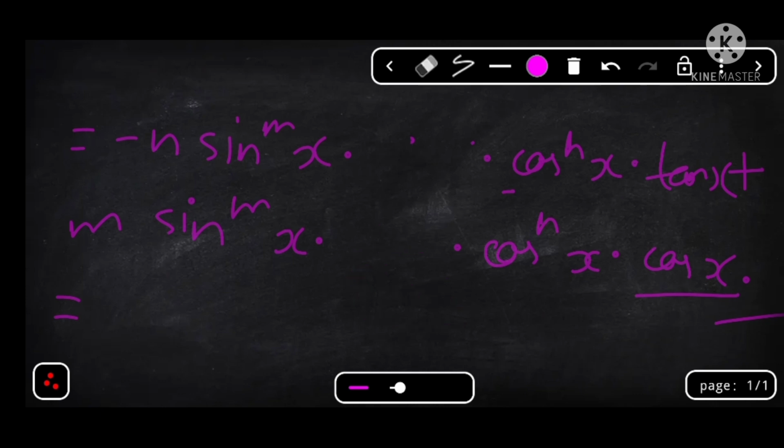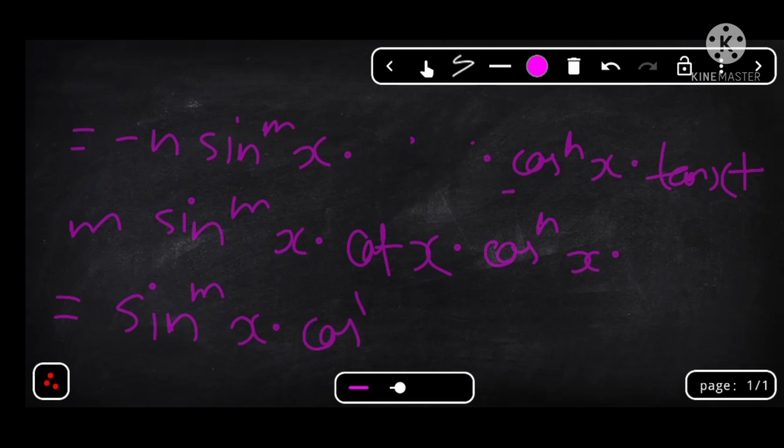So just replace this with cot x. From these two we can take sin raised to mx into cos raised to nx as common.